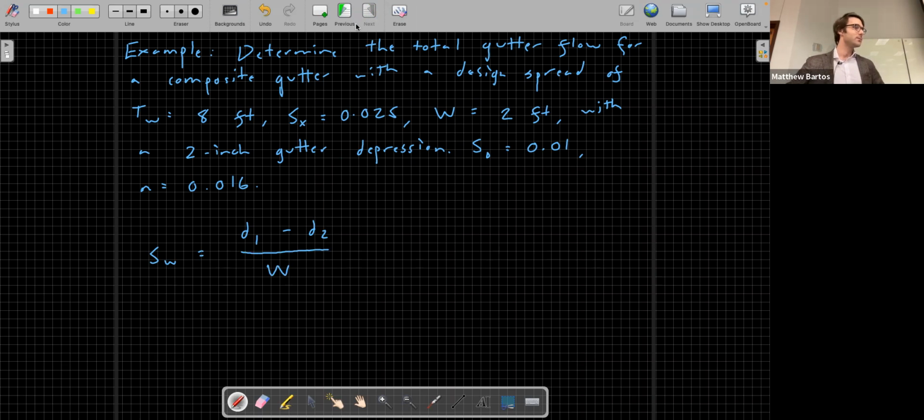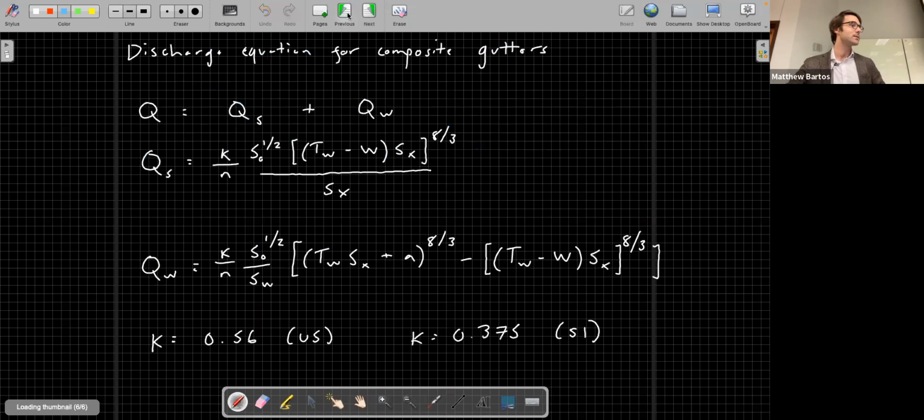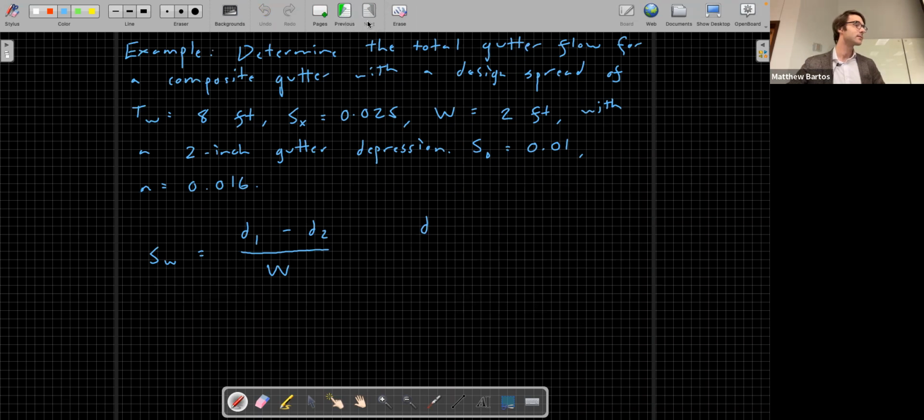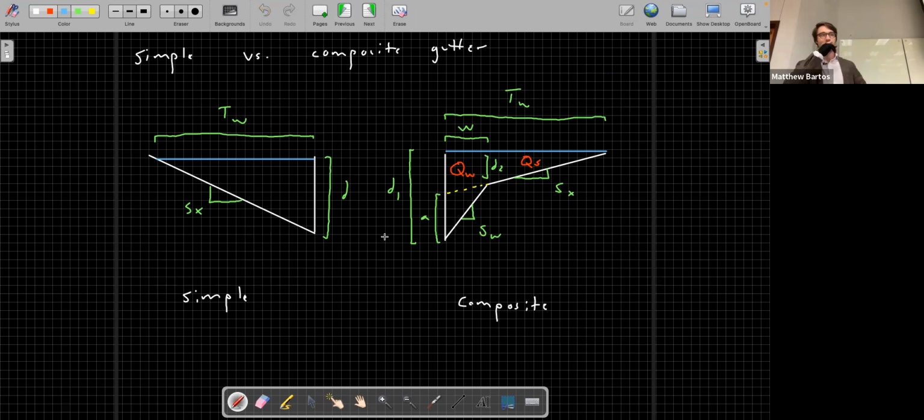Okay, and what are D1 and D2? We don't have those variables listed here explicitly, but we can construct them. So first, what about D2? How can we compute that? Did you have an idea? Is D1 minus D2 just A?